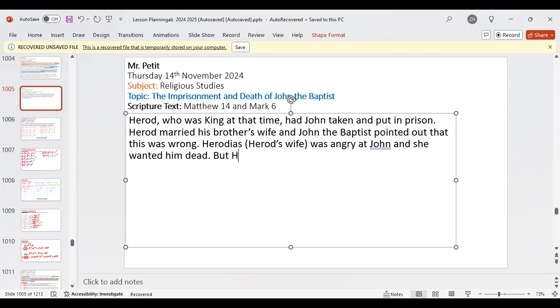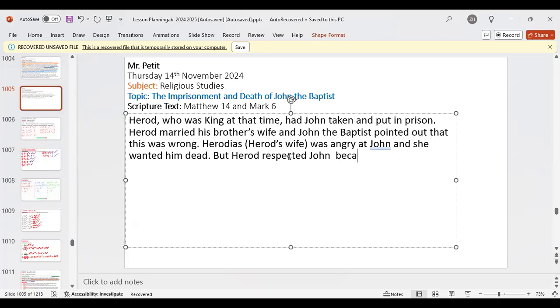But Herod feared John. When I say feared John, I don't mean that he was afraid of John, but let me put the right word. He respected John the Baptist. Why?